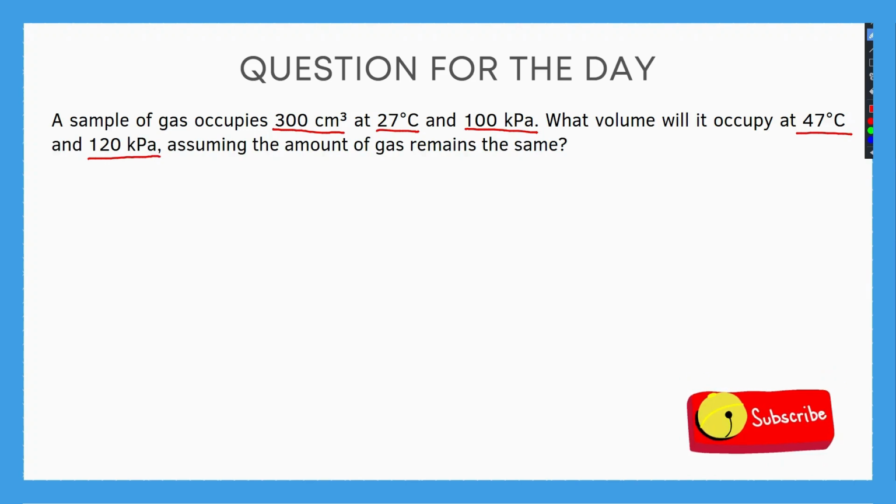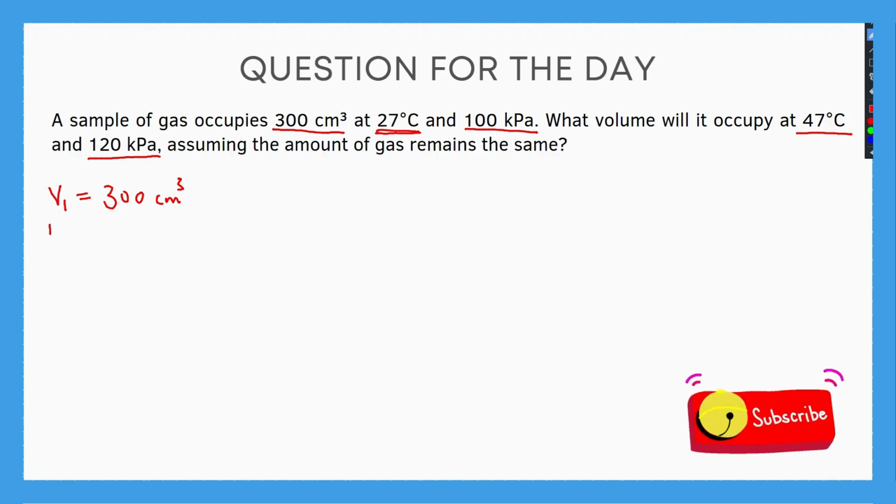So first things first, let's write out the values of all the variables that they've given to us. The first thing they tell us is that the gas occupies 300 centimeter cube. That is the first volume, V1, which is 300 centimeter cube. The next thing they tell us is that it occupies that volume at 27 degrees Celsius.